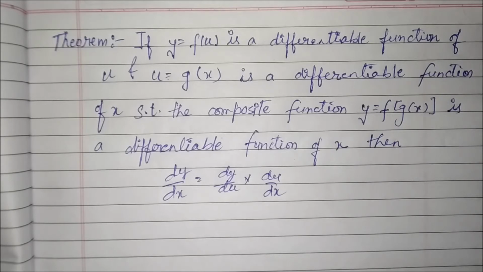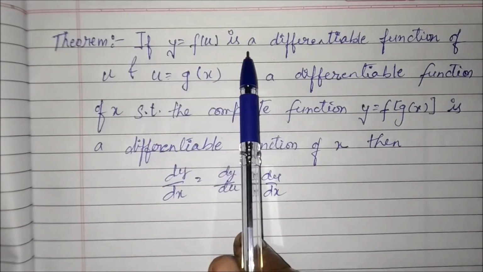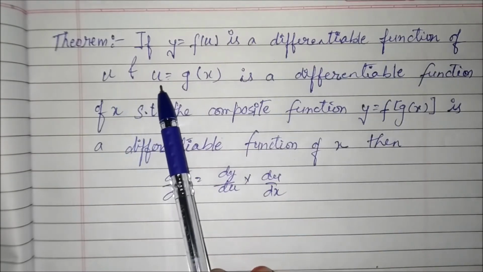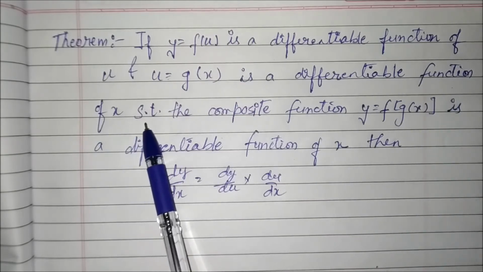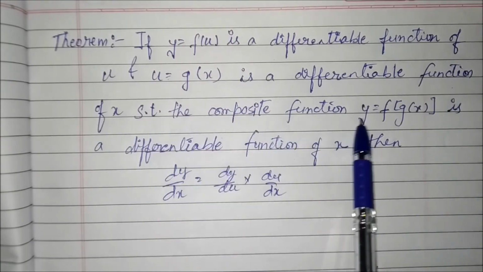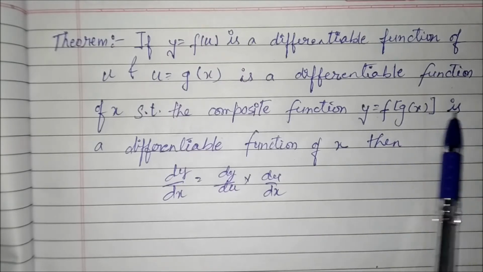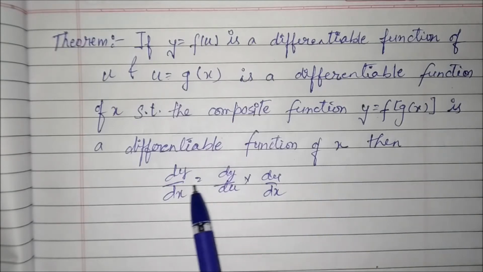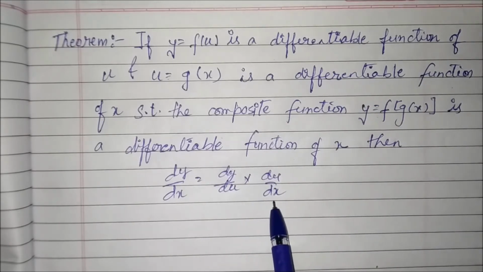Let's see the theorem. Here the theorem is given: if y equals f of u is a differentiable function of u and u equals g of x is a differentiable function of x, such that the composite function y equals f of g of x is a differentiable function of x, then we have to prove that dy by dx is equals to dy by du into du by dx.